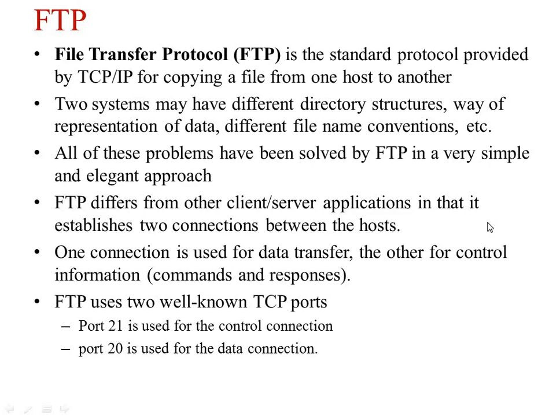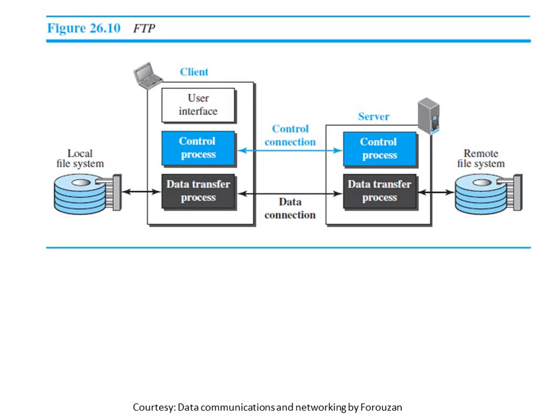This is how the FTP structure generally looks. Here it is your local file system, or your local hard drive of your PC, which is connected through the user interface, control process, and data transfer process. And for the server there are only two: control process and data transfer process.